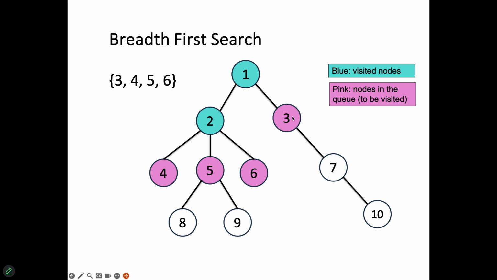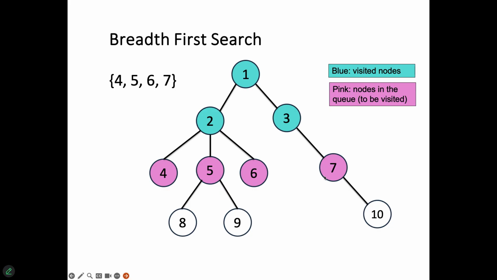If I go back, you can better see that at this stage we had 3 in the queue, and later 4, 5, 6 were added. Therefore, when we pop out of the queue, we always go first in, first out in breadth first search. So now we have to expand 3. The only way we can go from 3 is 7, right?